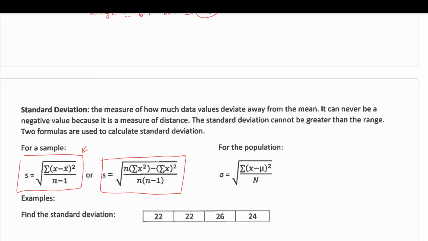The one thing to note is that if you're dealing with a sample, the calculation for the standard deviation is this thing here. What you'll notice is that the denominator is the sample size minus 1. Of course, if you're dealing with a population, we use a Greek letter, and that's a lowercase sigma.